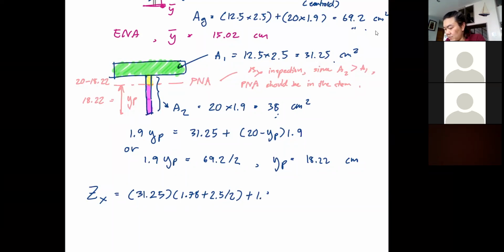So it's 1.9 times 1.78 squared over 2 plus 1.9 times 18.22 squared over 2. Okay, so then that's it. I don't have the number. You can punch a calculator for me if you don't want to, or we're just going to leave it like that. Okay. Is there any question?